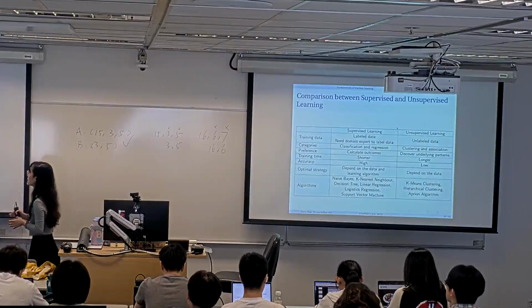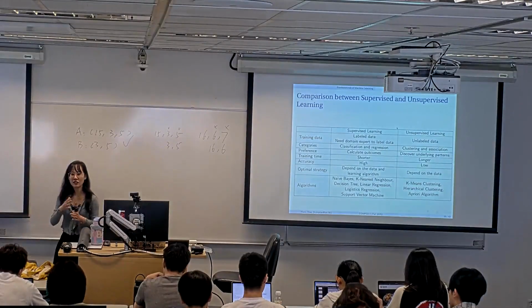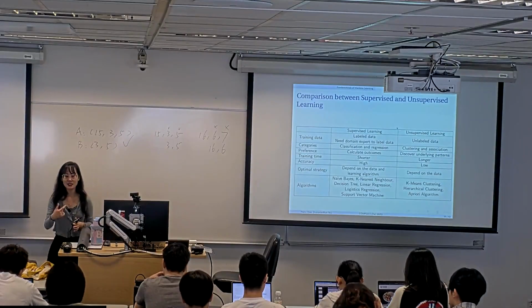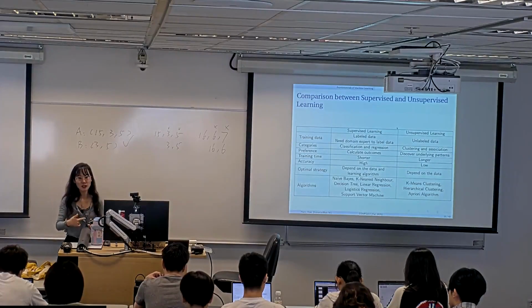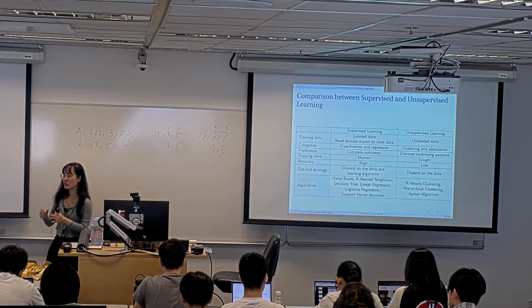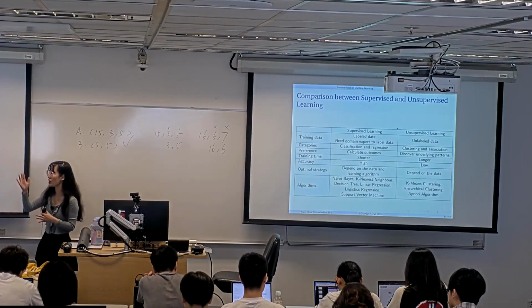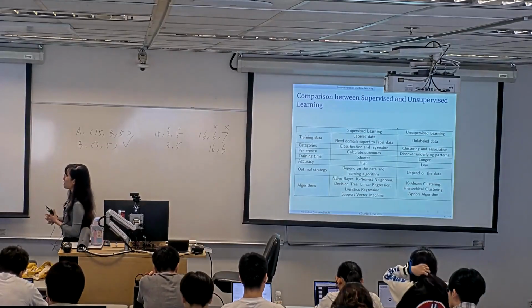For unsupervised learning, since you are discovering underlying patterns, you are not learning from the data one by one. You are comparing each data point with every other data point to get the underlying pattern. That's why the training time of unsupervised learning is typically longer.